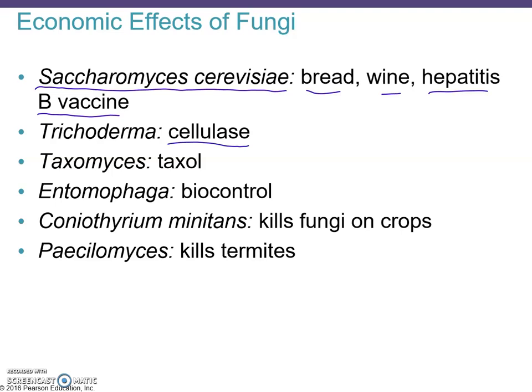Taxomyces produces a medication known as Taxol, that's cancer medication. And then entomophagia, biocontrol in general. This one here is cool too. Coniothyrium minitans kills fungi on crops. So this one outcompetes other fungi. And Paecilomyces kills termites. Maybe somebody should think about that as a termite control strategy.